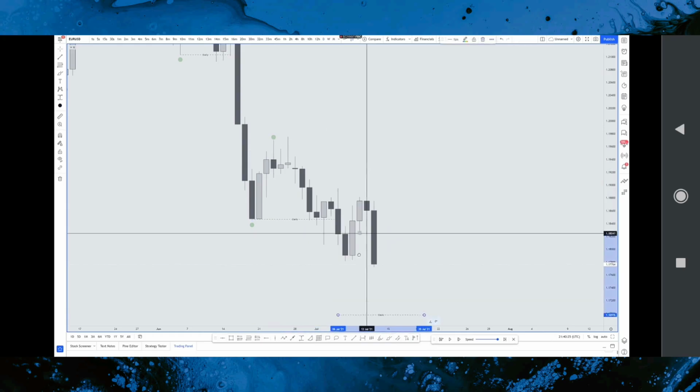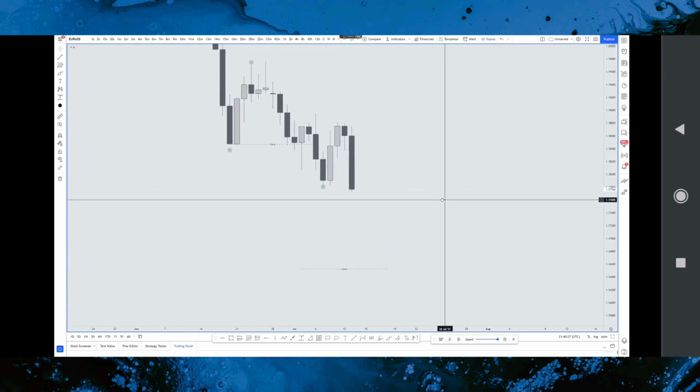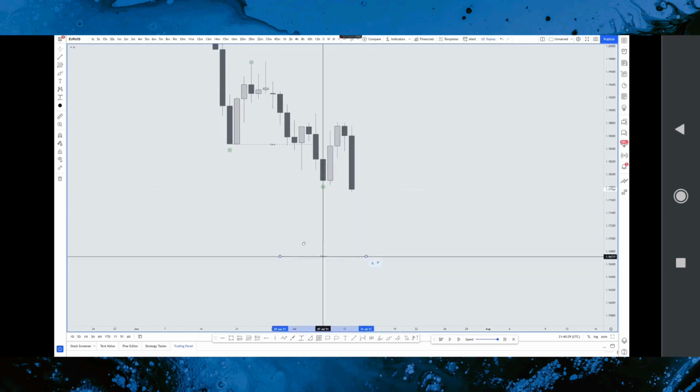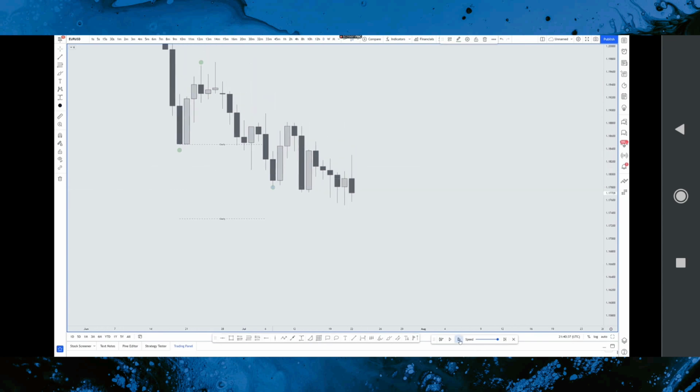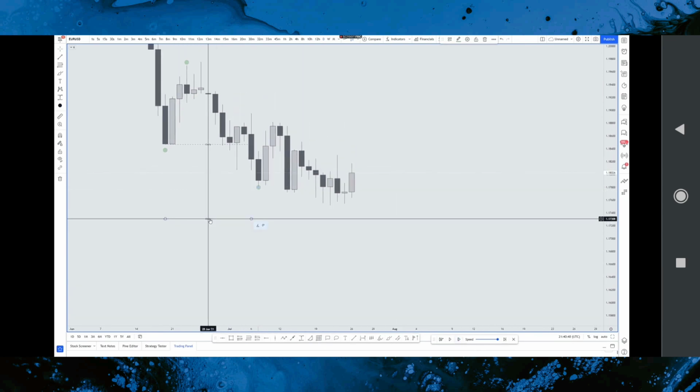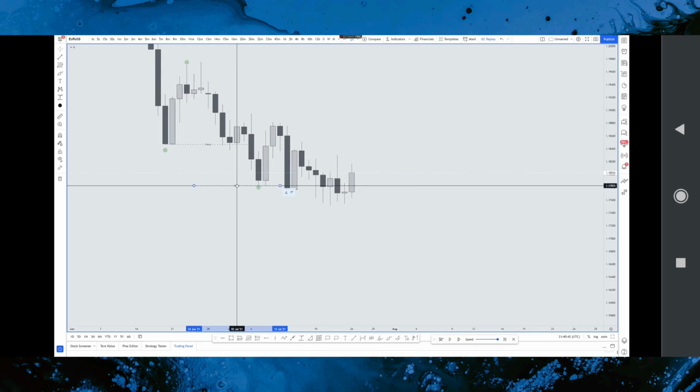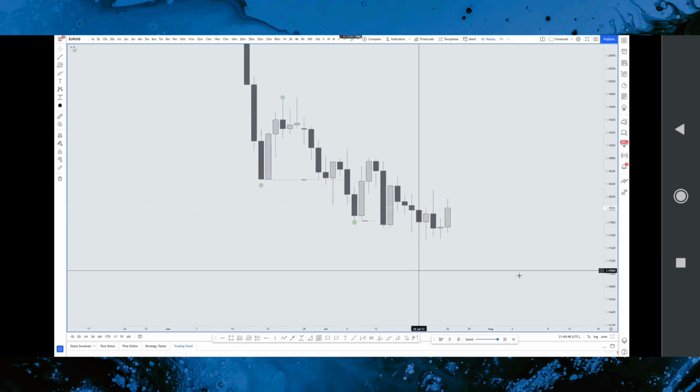So we have a new low, and here we have our pullback as we make new structure. Let's just see where this impulse ends. So this is one of those structure moments where I told you sometimes it's going to barely break it. If it breaks it with a candle body, it becomes structure.